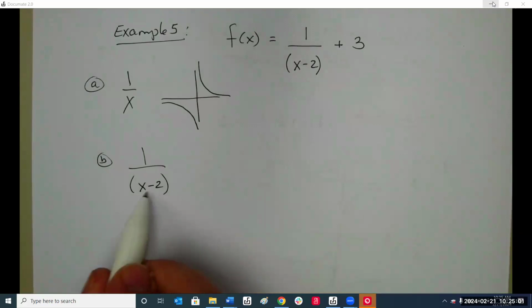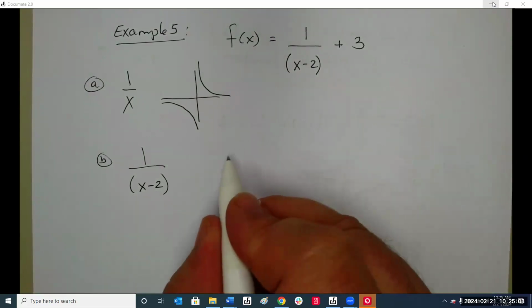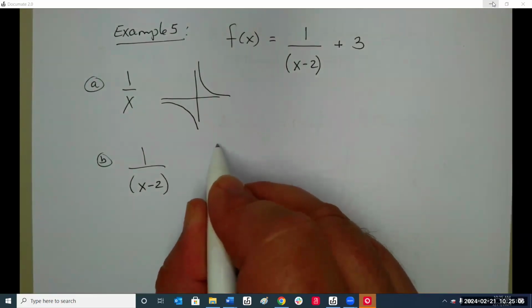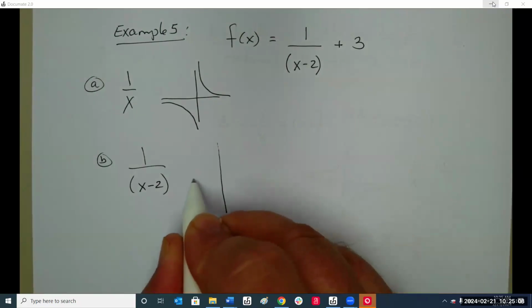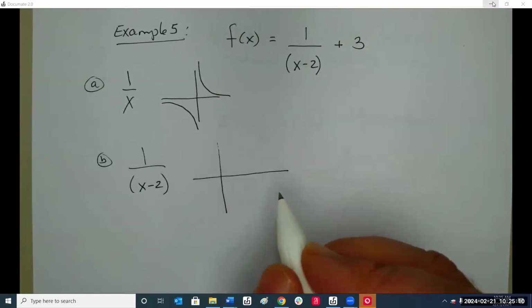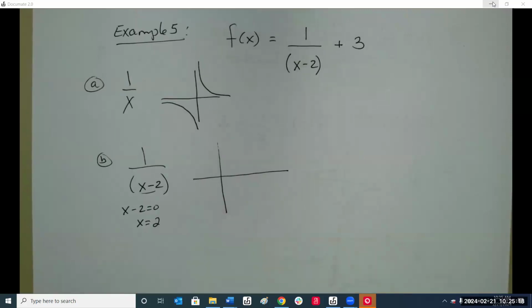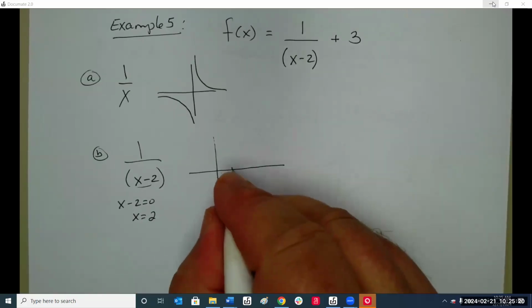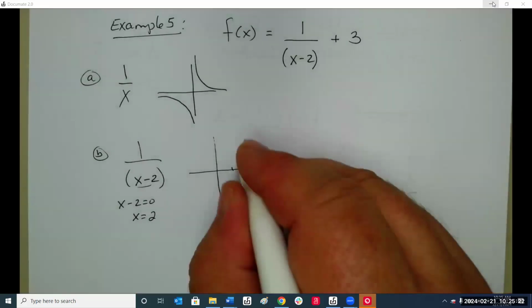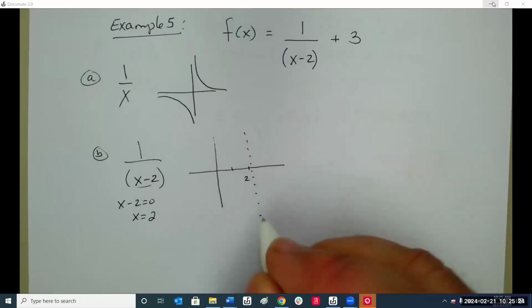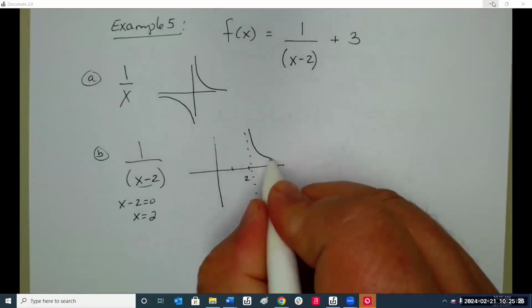Yes, since it happens inside the function, there's a horizontal shift. Which direction? How many spaces? To the right, 2. Because if you ever forget, take whatever you have there, set it equal to 0. That's my new 0. So there's my new origin. So the graph looks the same there.